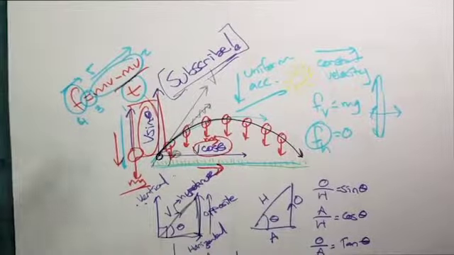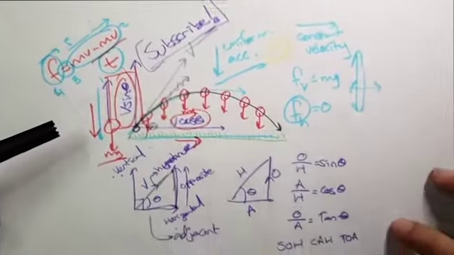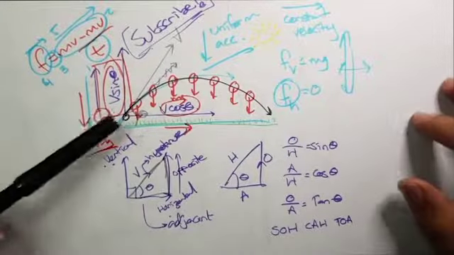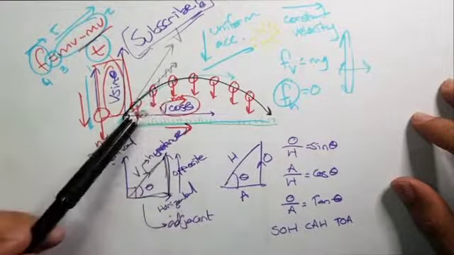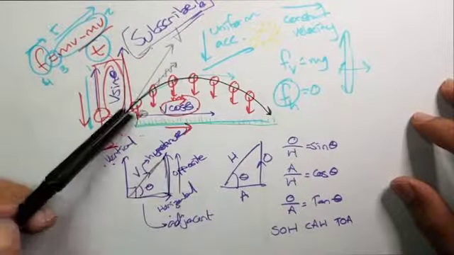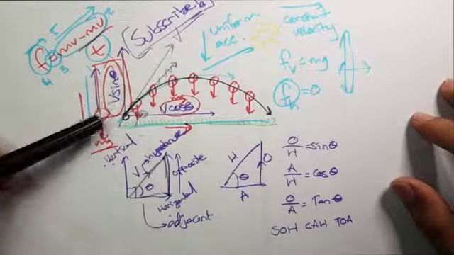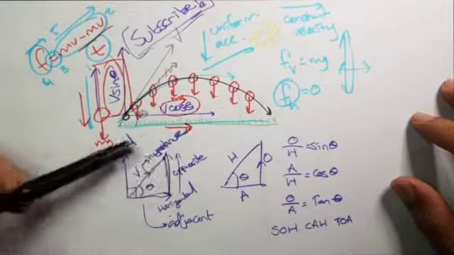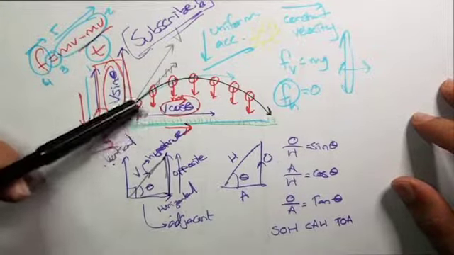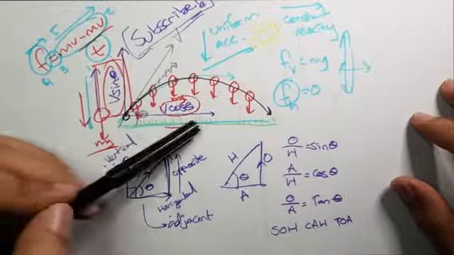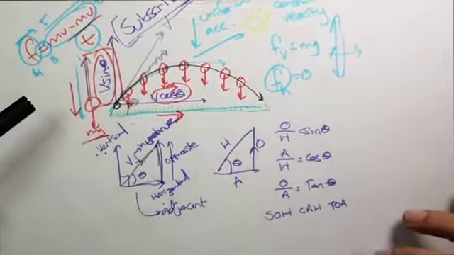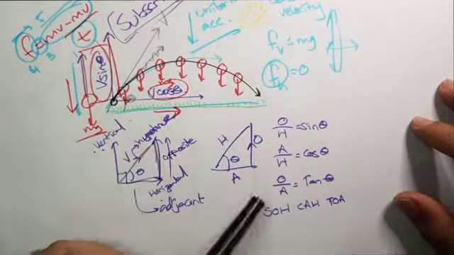Then we studied how, if you throw an object along a parabolic path, we can split it into two components, a vertical component and a horizontal component. If this angle is theta, and this value is v, then this is going to be v cos theta, and this is going to be v sin theta, based on the trigonometry we went through previously.